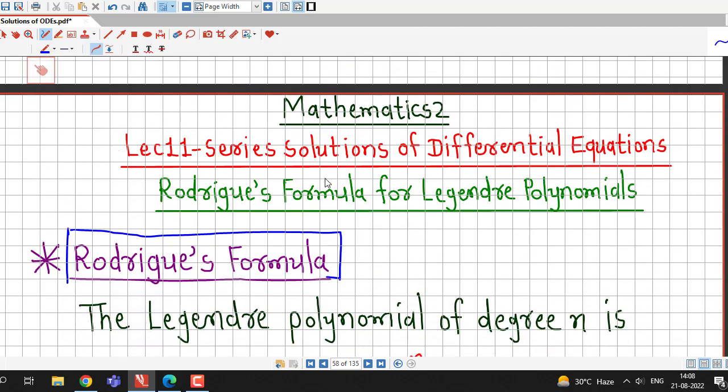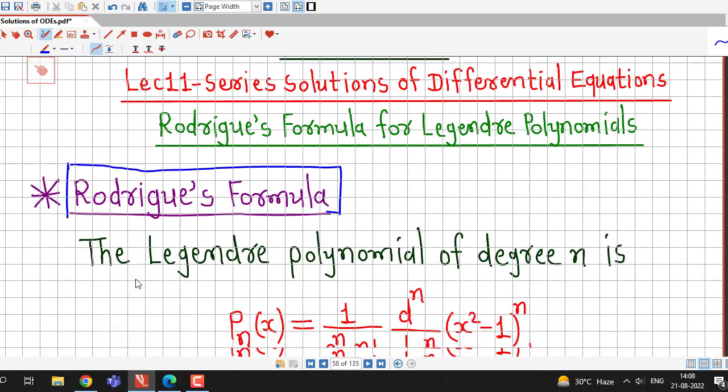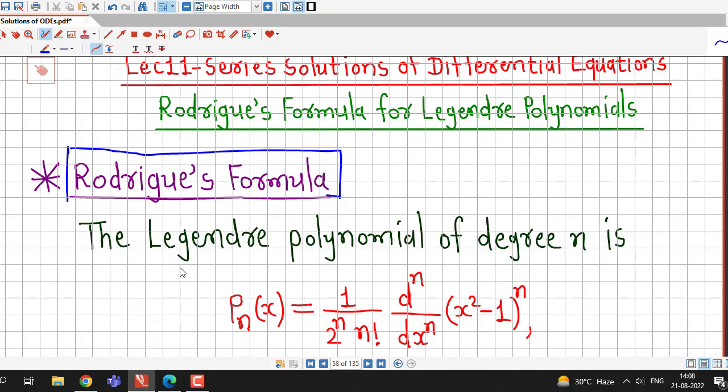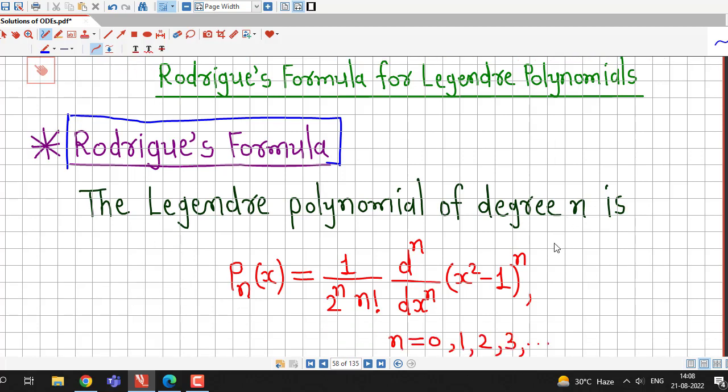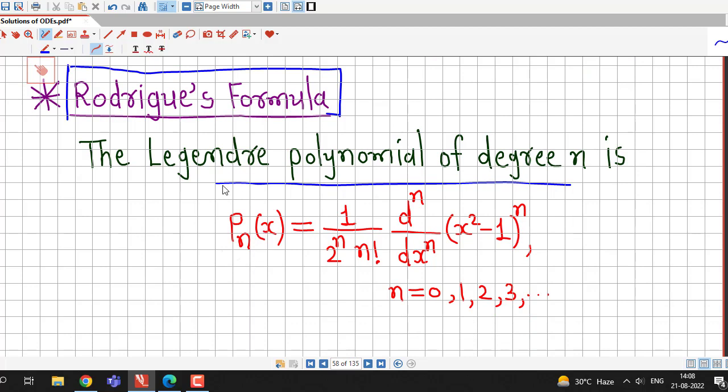We are not discussing how this formula comes out. It is an application of the binomial theorem, but we are not going into the details of the proof.